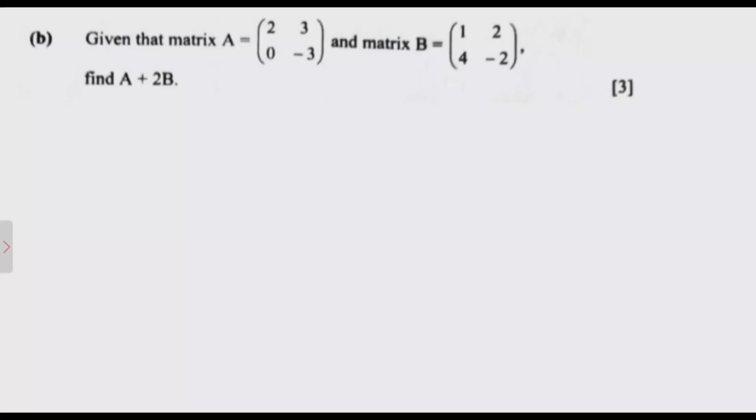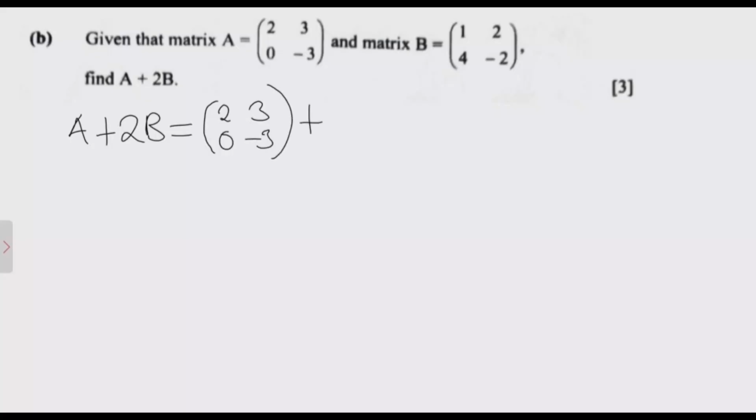So what I'm going to do is rewrite the same question, which is we find A plus 2B, which is equal to, so I'm going to open the matrix here and record this 2, 0, 3, negative 3 and close.